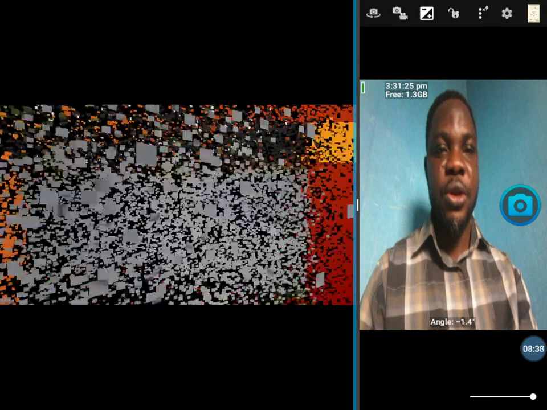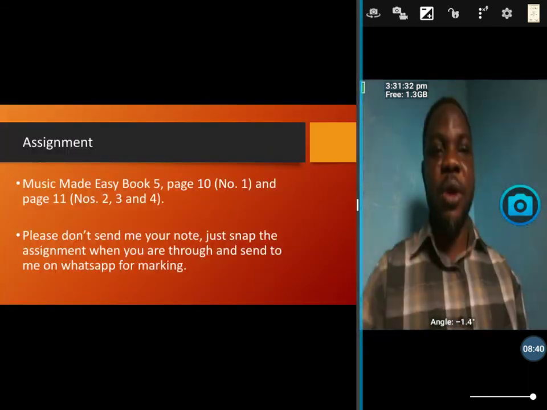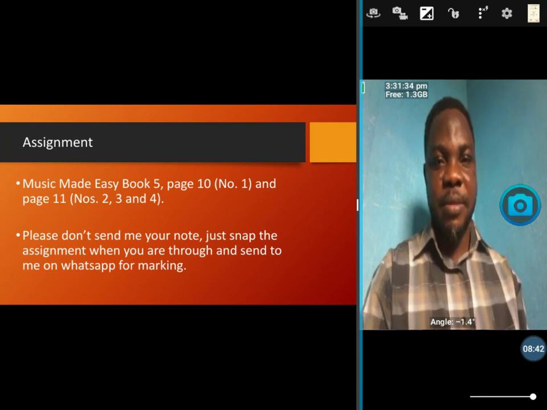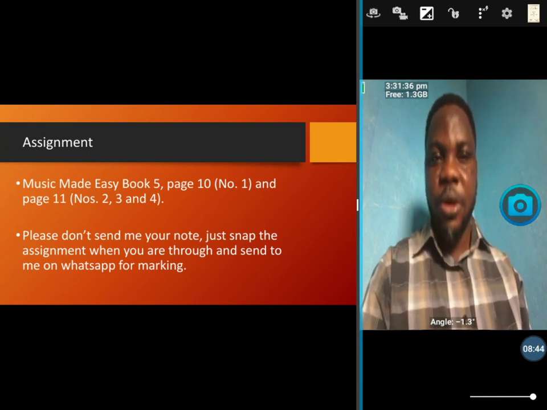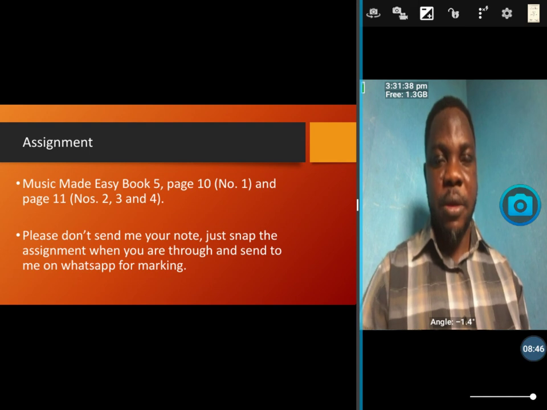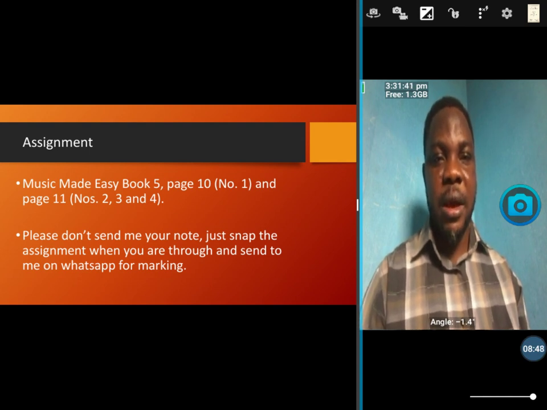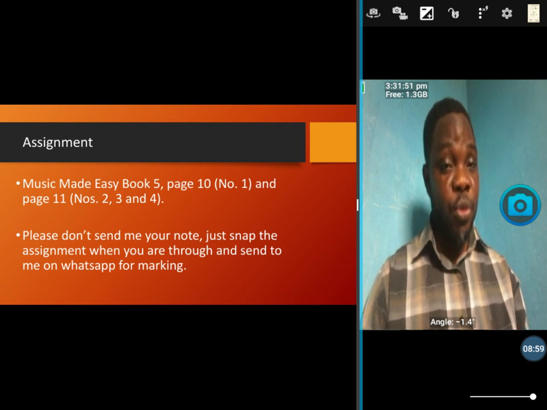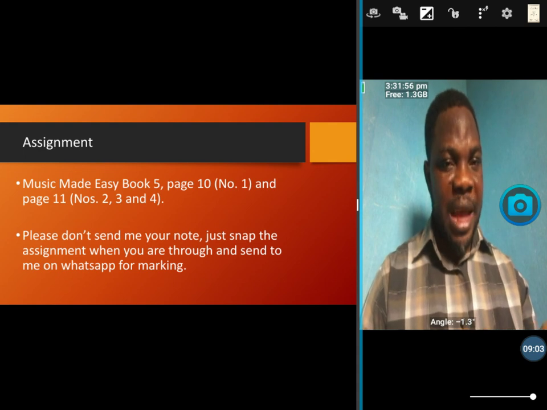Okay, now the next slide is your assignment. Look at the assignment from your textbook. Turn to page 10. Then on page 10, you will see an exercise that's number 1. Do that. Then after that, you go to page 11. You'll see about 3 activities there.